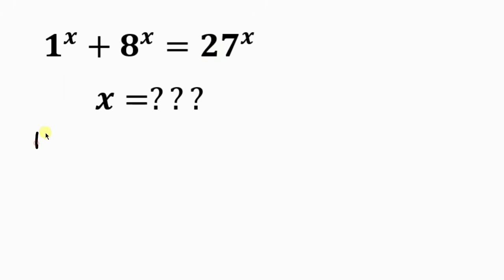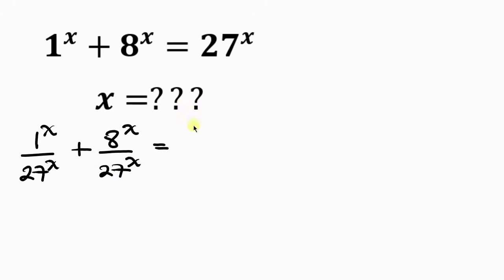We have 1 to the power of x, dividing by 27 to the power of x, plus 8 to the power of x, still dividing by 27 to the power of x. This is equal to, on the right hand side, 27 to the power of x, and now we're dividing by 27 to the power of x.